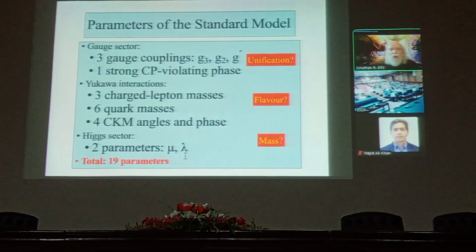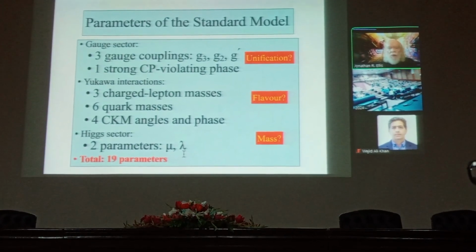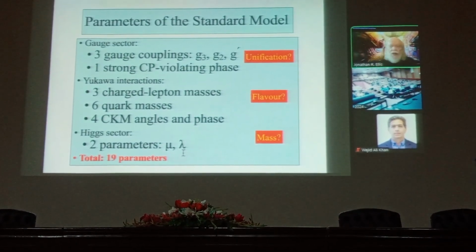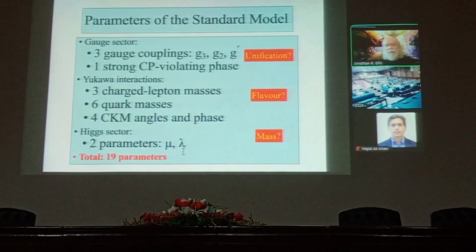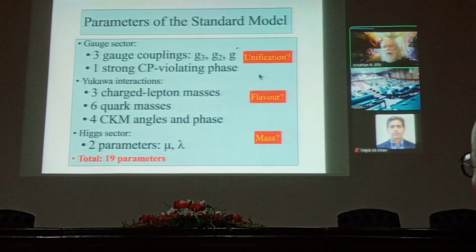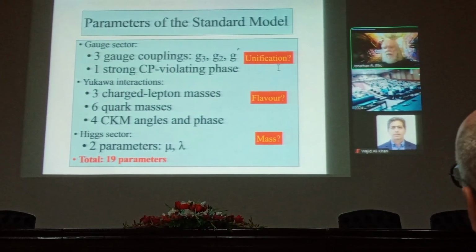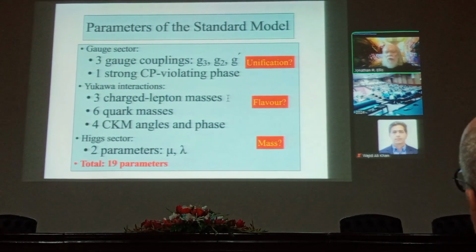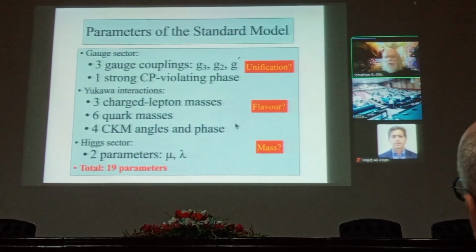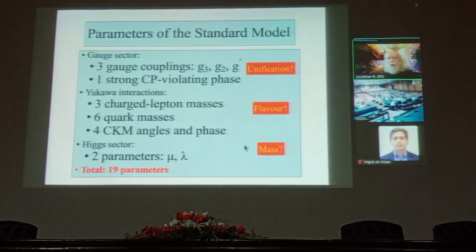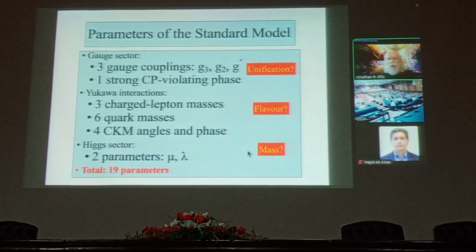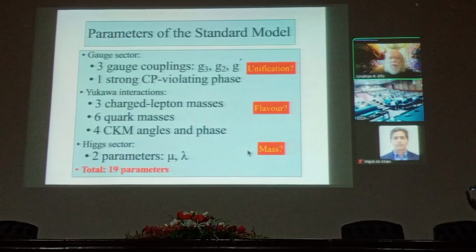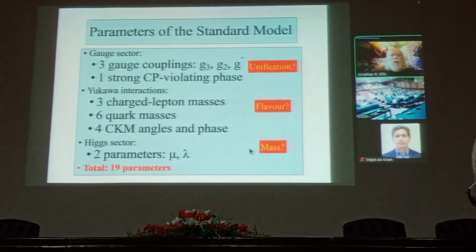So there's a grand total of 19 parameters here, so I don't think anybody believes that the standard model is a fundamental theory, and we would like eventually to unify the fundamental interactions. We would like to understand why these Yukawa interactions have the different values that they do, and we would like to understand the Higgs sector at a more fundamental level. But I'll be discussing some of those issues later in my lectures.